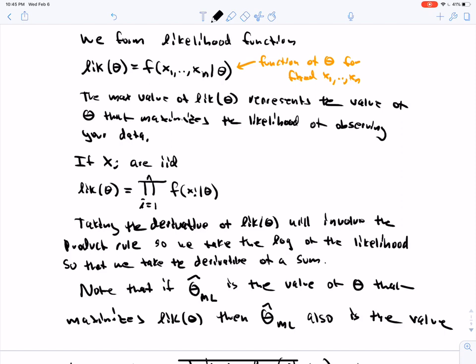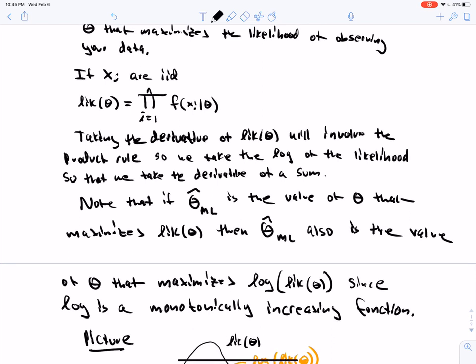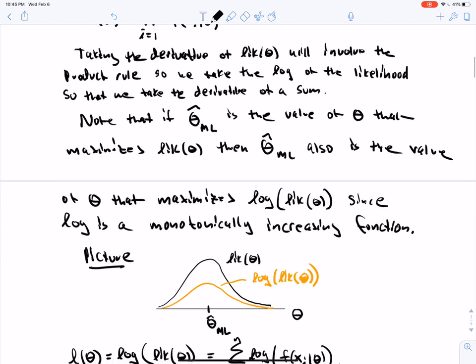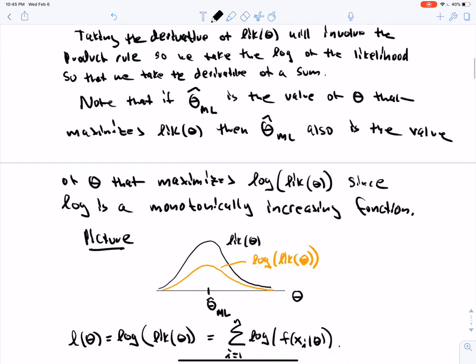But even so, it involves a product rule, and it'll be better for us to take the logarithm of both sides of this equation, turning that product into a sum, and noting that if theta hat is the value of theta that maximizes the likelihood of theta, then theta hat is also the value of theta that maximizes the log likelihood, since log is a monotonically increasing function.